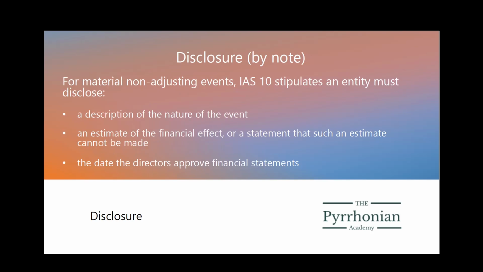And what about disclosure? Generally, IAS 10 stipulates an entity must disclose a description of the nature of events. So this note should include a brief description of the nature of the event. It should include an estimate of financial effect. If this event may have a financial effect on the company in the nearest future, then you should present an estimate of this financial effect.